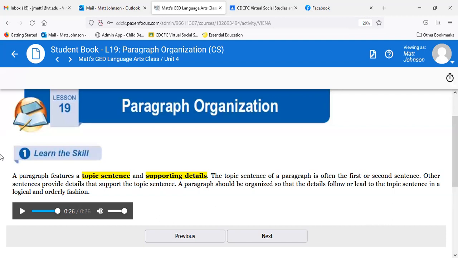And so you have a topic sentence near the beginning. You might have an introductory or transitional sentence that comes right before the topic sentence. But usually right there at the top, the topic sentence, and everything in that paragraph will fall underneath that main topic sentence. So the rest of the sentences in there are going to be supporting details, right?